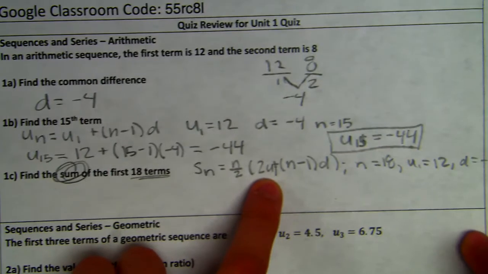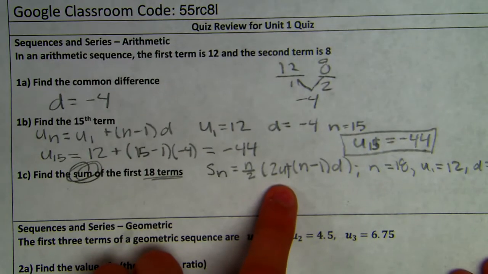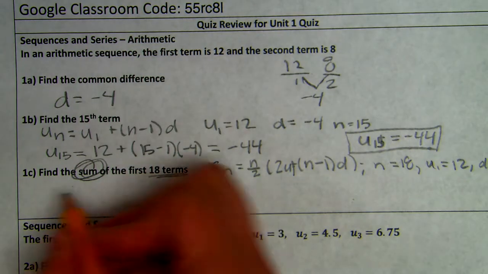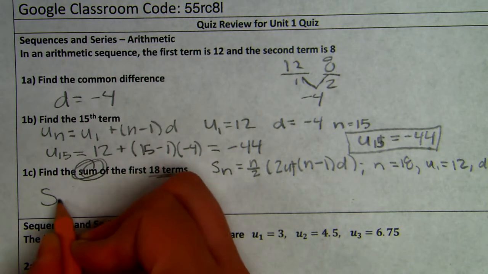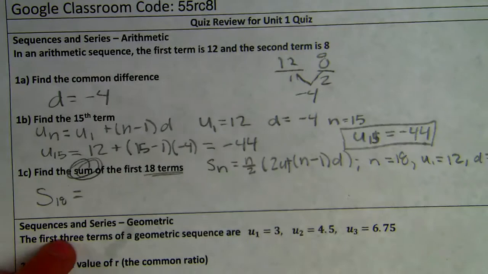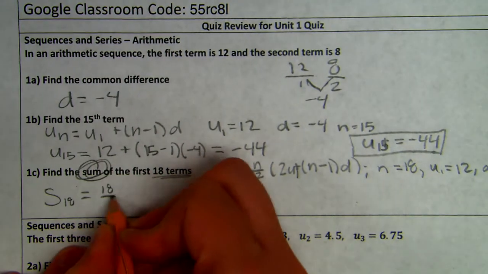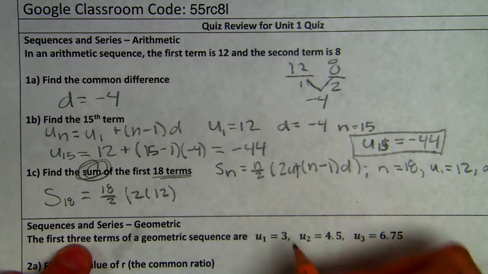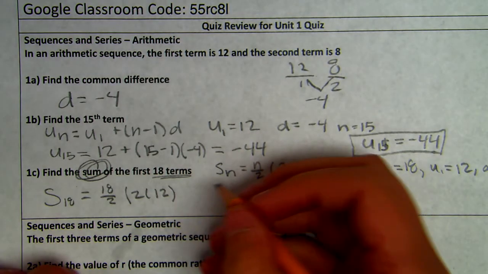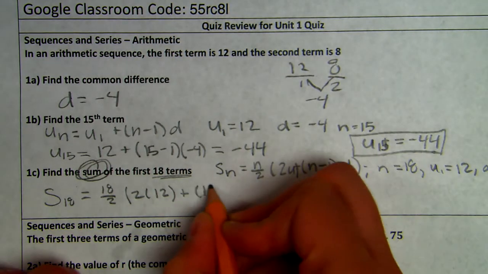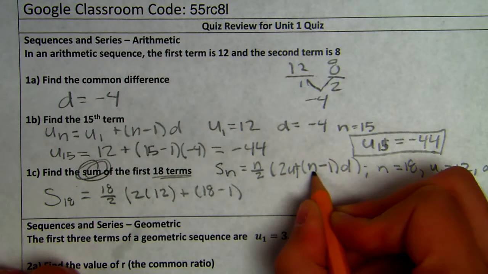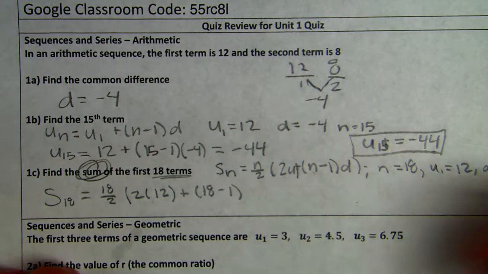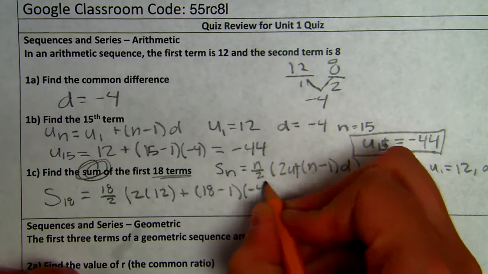Can you see that way over there? d equals negative 4. I'm going to shift it back now, but just so we know, d equals negative 4. So let's sub everything in. We have the sum of the first 18 terms equals 18 over 2 times 2 times our first term, which is 12, plus 18 minus 1, because that's the number of terms we're summing minus 1, times our common difference, which is negative 4.